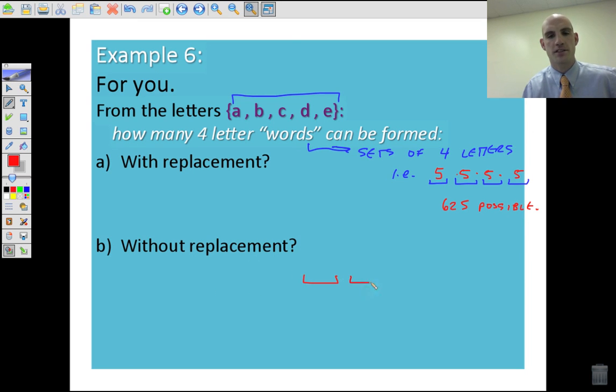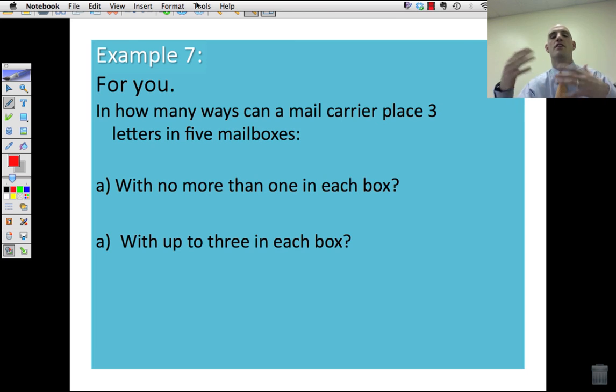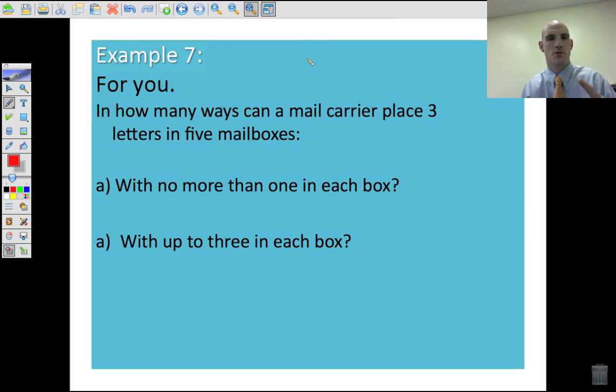But if I can't replace, I still have those same 4 boxes, but I only have 5 possibilities. Then I only have 4 left. Then I only have 3 left because I've already chosen a couple of them, times 2. So I've got 20 times 3, which is 60, times 2 is 120 possible. That's how this works. It's actually a fairly simple concept to kind of grasp once you get it.